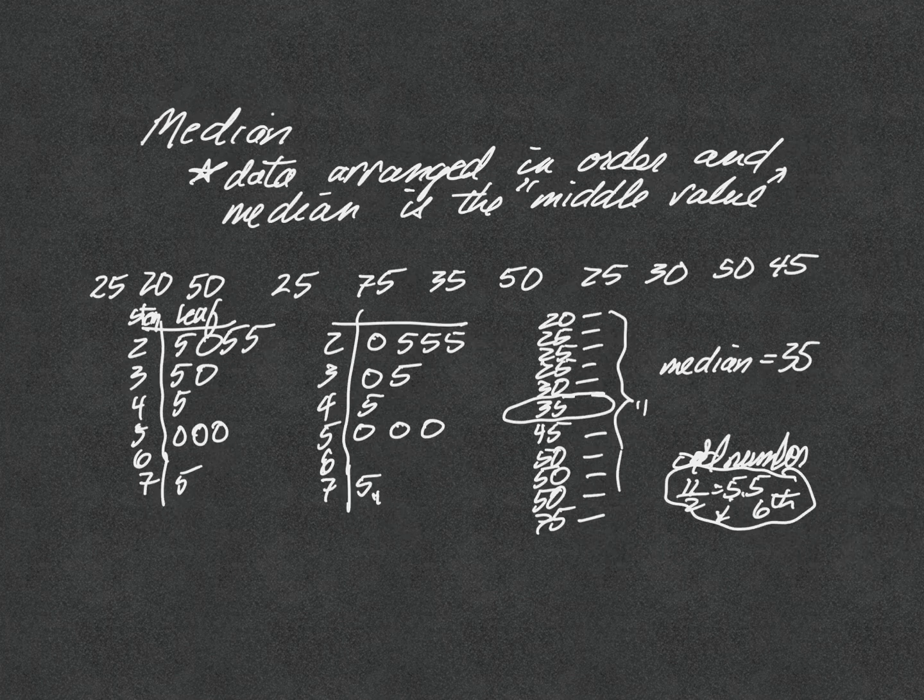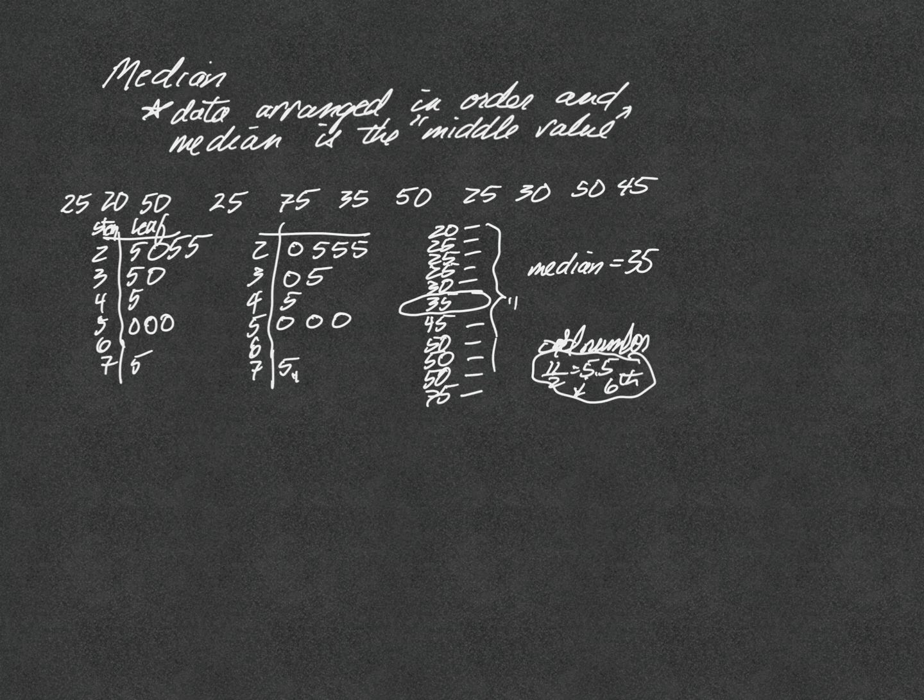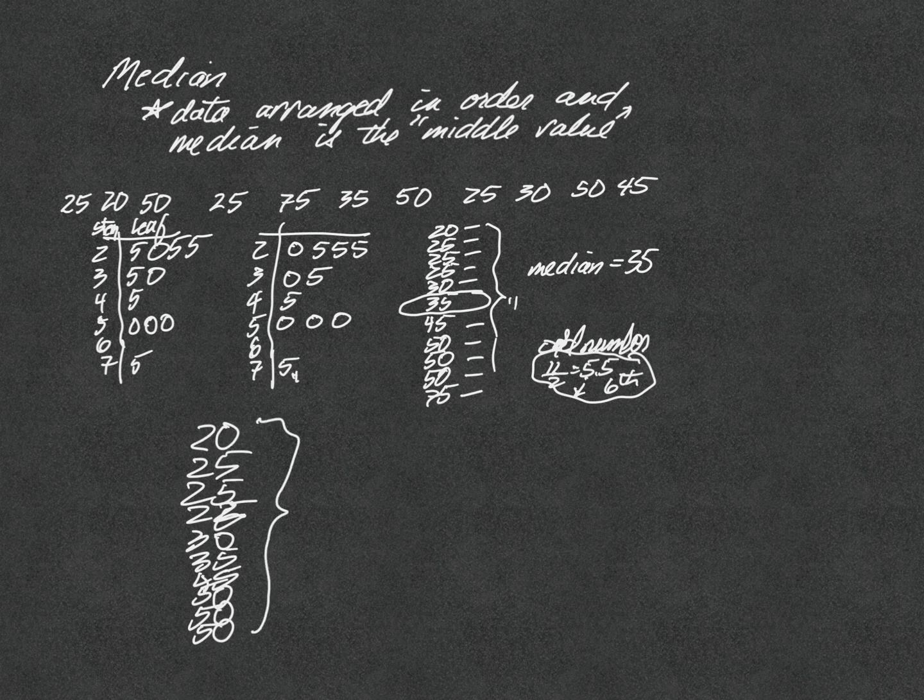But what if I had this data, same data, but I was missing one data value? So I'll put them out here in order, and I'll leave out the 75. So now, instead of having an odd number of data, I have an even number of data. There are 10 of them.